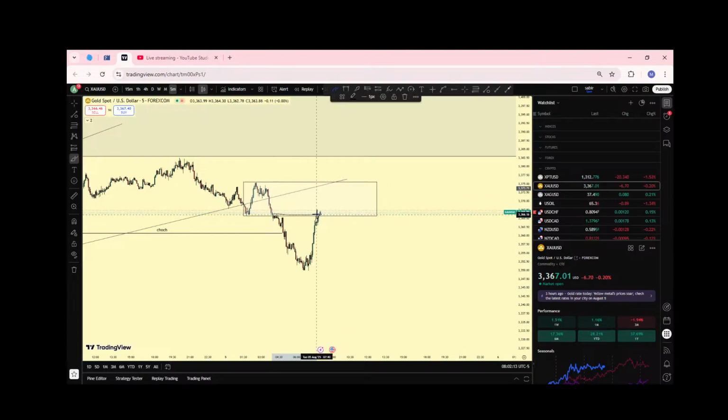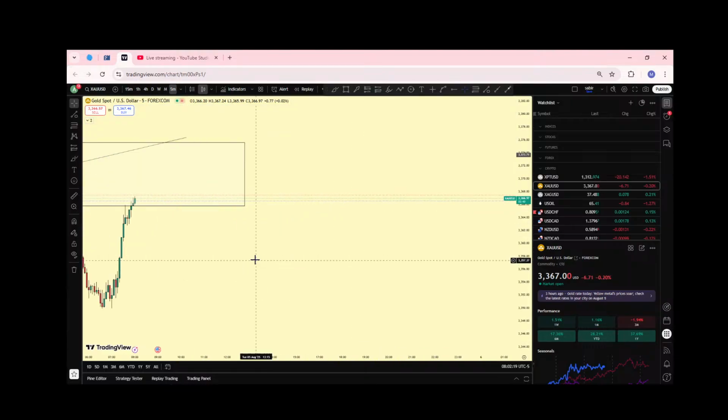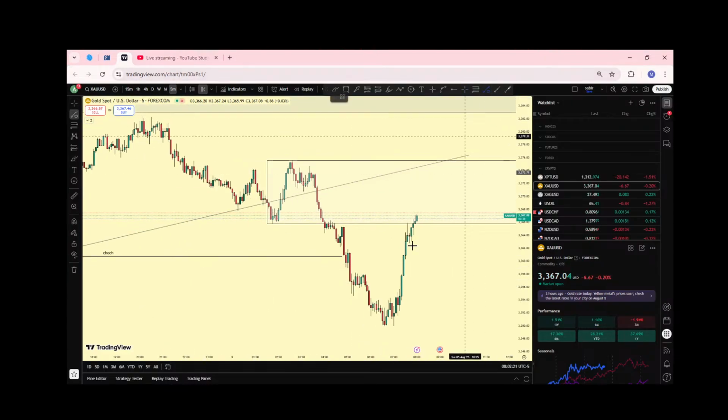We took out liquidity above these highs. Now our fractal here on the 5 minute is at the low of this candle.